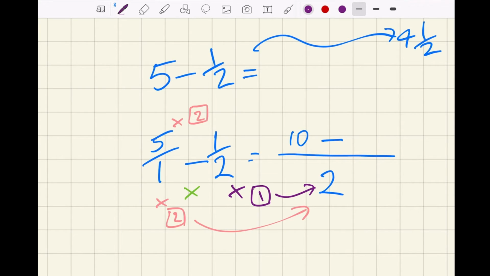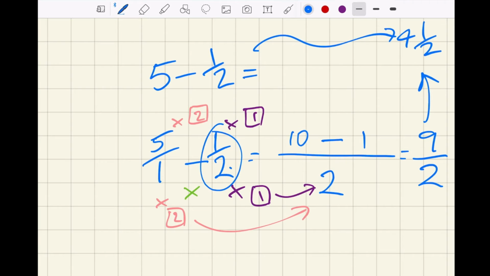Well, 2 times 1, multiply the top by 1, 1 times 1 is 1, and of course this number stays the same because this is the denominator that we have chosen. All right, so now we can do the subtraction. 10 minus 1, what is 10 minus 1? 10 minus 1 is 9 over what? The denominator stays the same, 9 over 2.